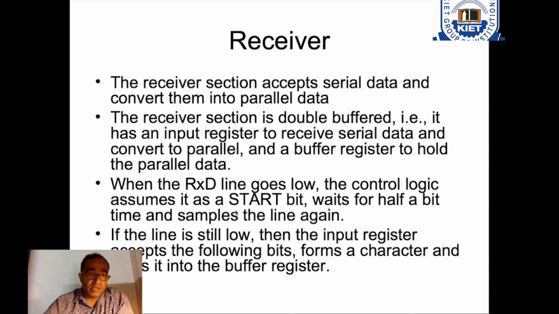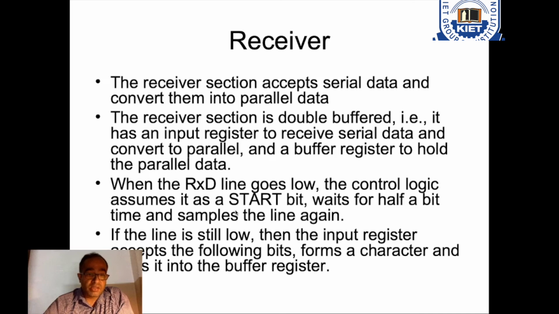Now, the receiver section accepts serial data and converts it into parallel data. The receiver section is double buffered. It has an input register to receive serial data and convert it to parallel, and a buffer register to hold the parallel data. When the RXD line goes low, the control logic assumes it is a start bit, waits for half a bit, and then samples the line again.